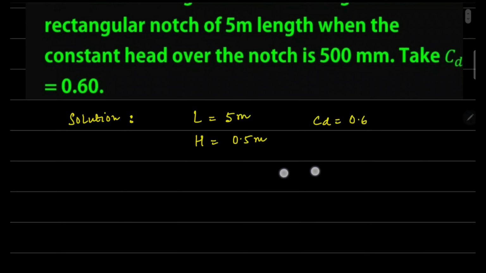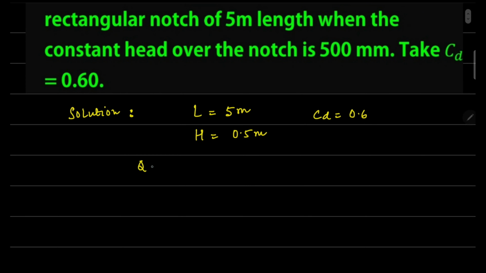The expression we will use to solve this problem is Q equal to 2 by 3 CD multiplied by L multiplied by under root 2g, H raised to the power 3 by 2.